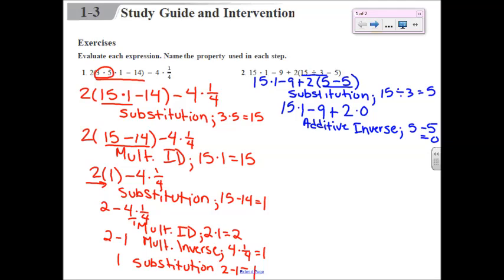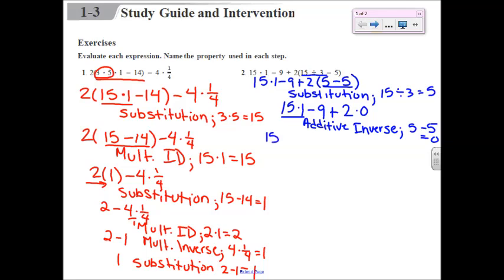Once we've gotten rid of the parentheses, we do the next step, which would be exponents, which we don't have, so we do multiplication and division. The first one is 15 times 1. Anytime you multiply something by 1, that's the multiplicative identity, and it equals itself.